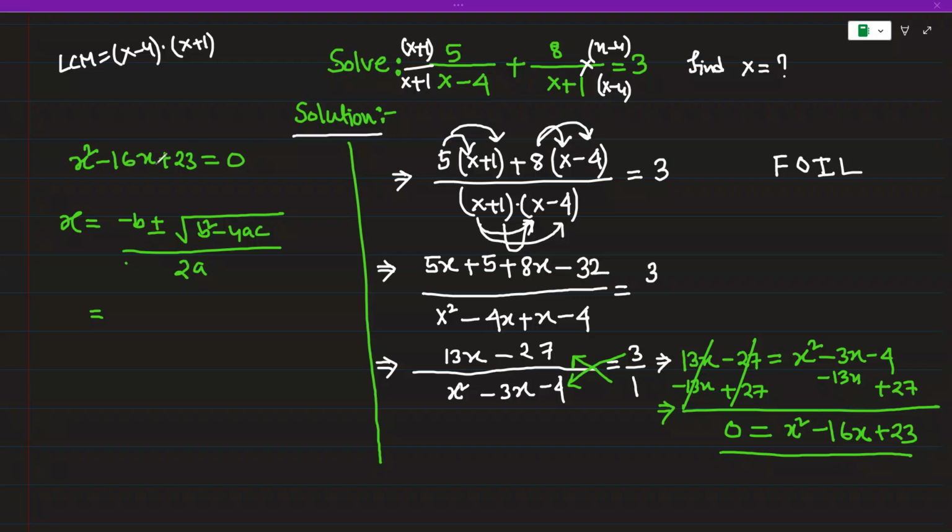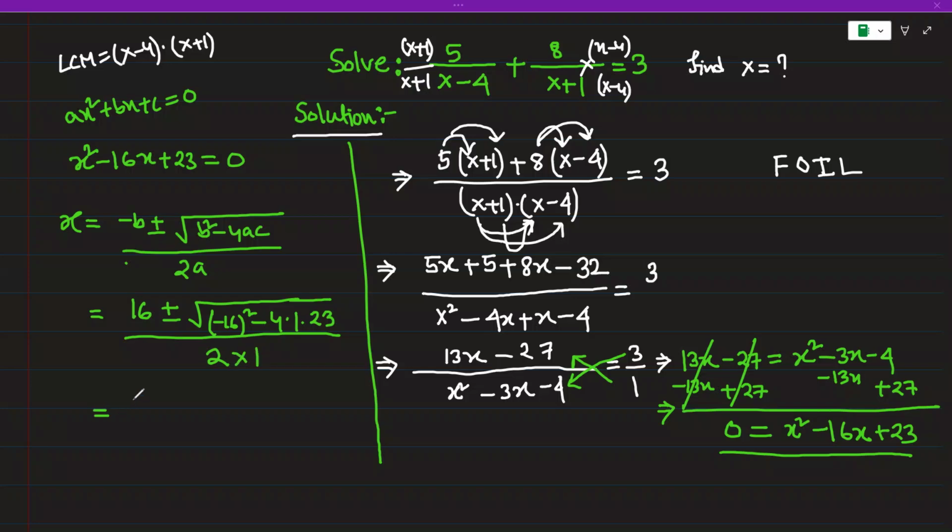Now if you compare this equation with ax squared plus bx plus c equals 0, that means negative of negative 16, which is 16, plus or minus square root of negative 16 squared, minus 4 times a, which is 1, and c, which is 23, over 2 times 1.